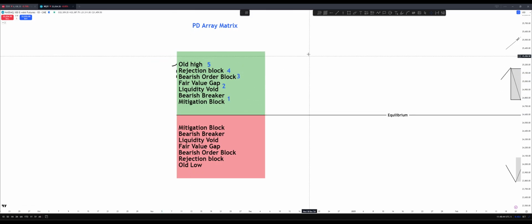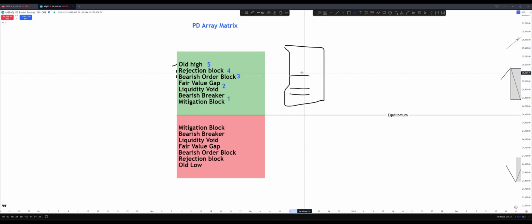So in order for price to reject off of the rejection block is not such a high probability, because it's so far up high. I don't know how to say it, but let's say this is the list, right?